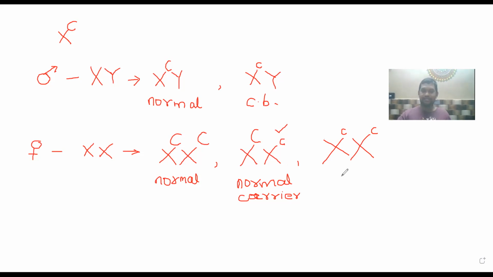Recessive means the female would be colorblind. Now are you getting it? Understood the possibilities of the genotypes and the respective phenotypes in males and females.